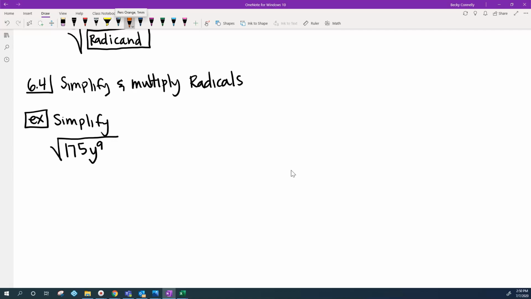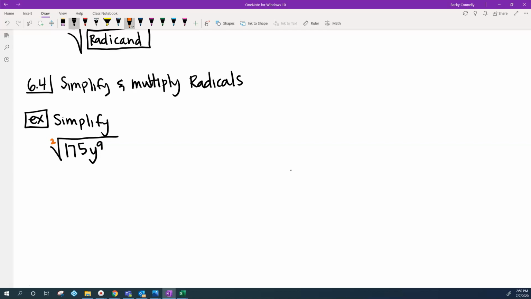Remember, if there's no index shown there, then there's really an invisible 2 there. It's a square root if there's no other number shown, and so that means everything has to be taken out in groups of 2.